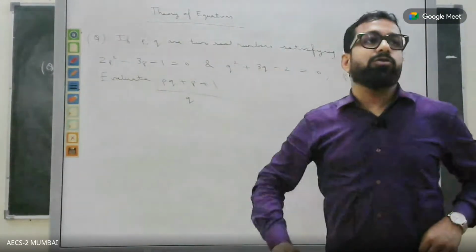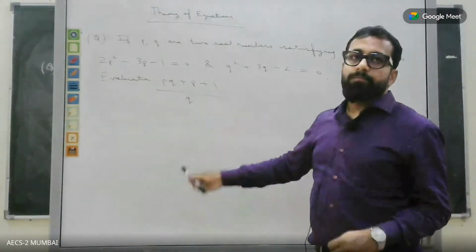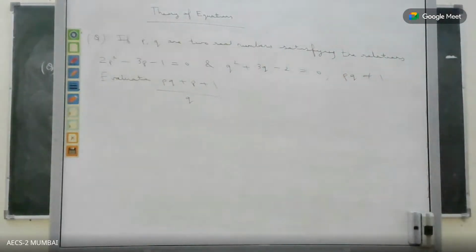You are also given that PQ is not equal to 1. You have to find this. इसमें quadratic कैसे यूज करना है, क्या करना है? It's an Olympiad type question थोड़ा.